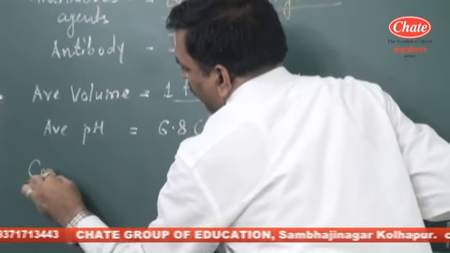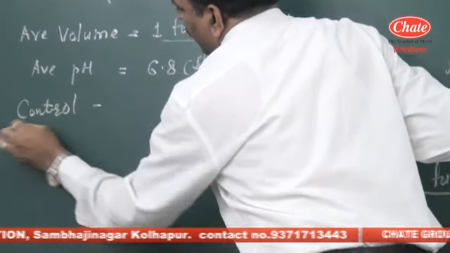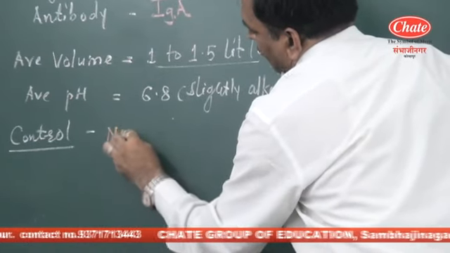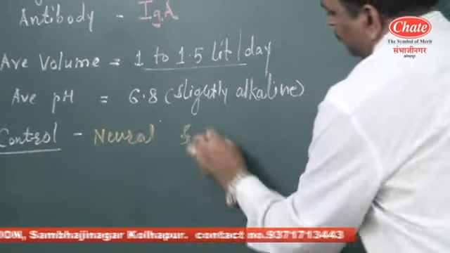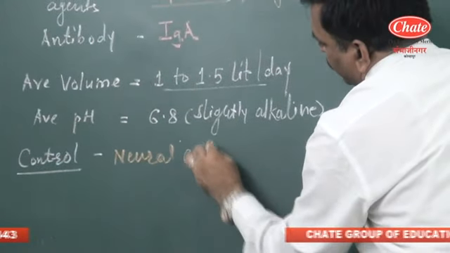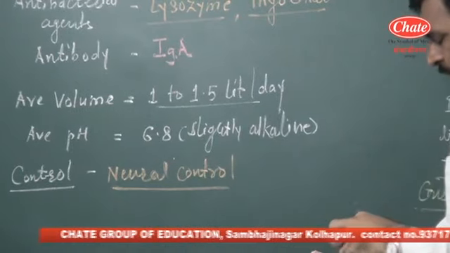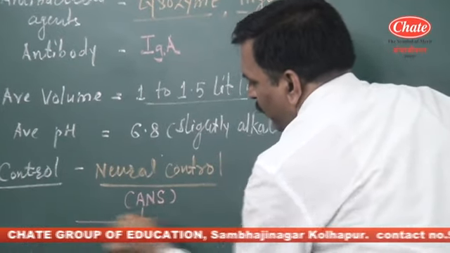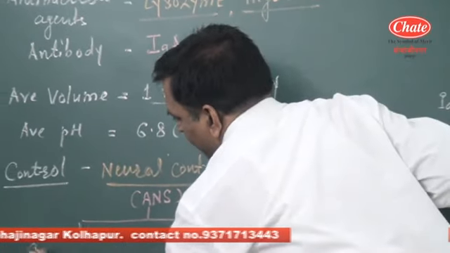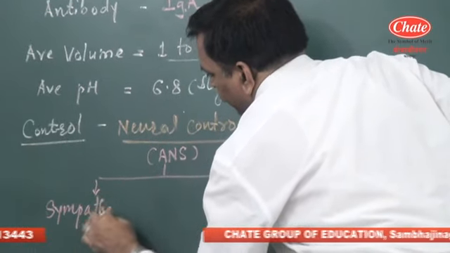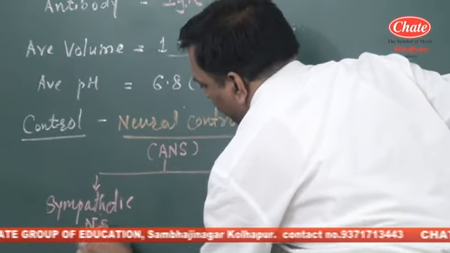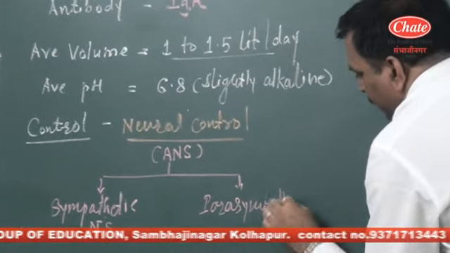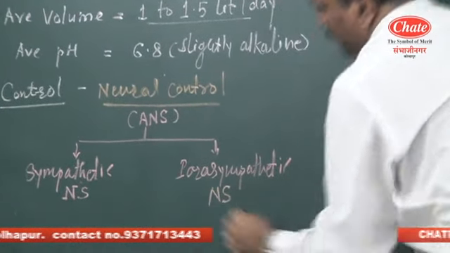Now control of saliva secretion is under the influence of neural control. When you focus on this neural control, it is regulated by the autonomic nervous system with the help of the sympathetic nervous system and parasympathetic nervous system.